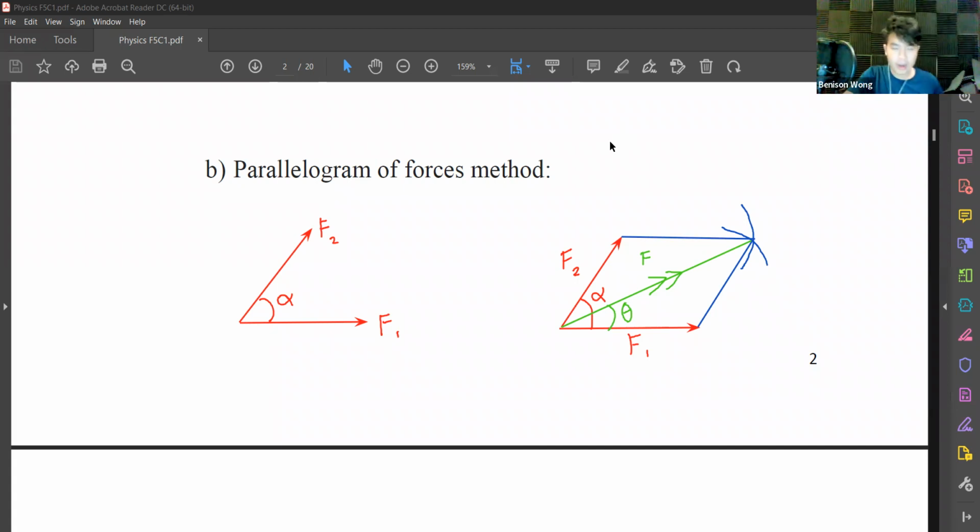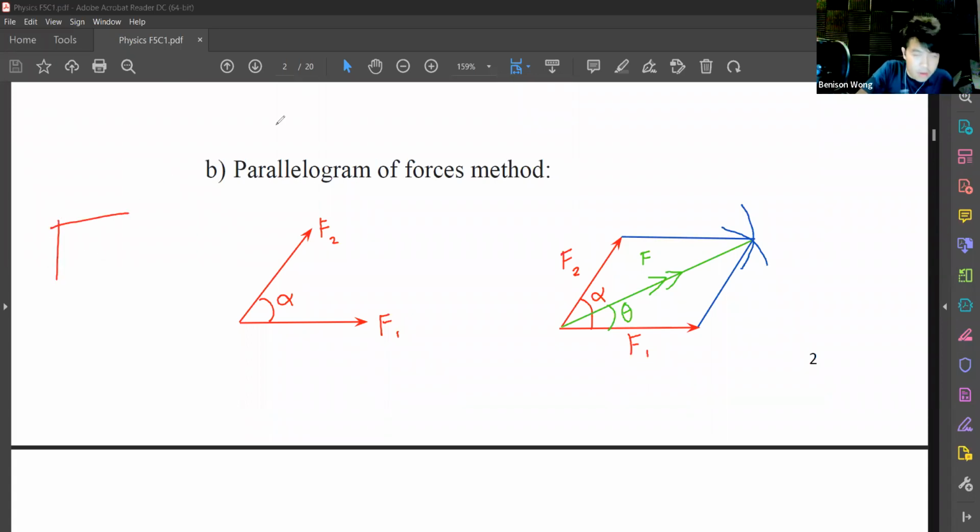Okay, so Kai Huang asked, what is the use of finding the angle? That angle is actually the direction of the resultant force from the horizontal. For example, let's say your car breaks down. I draw the car as a square shape.